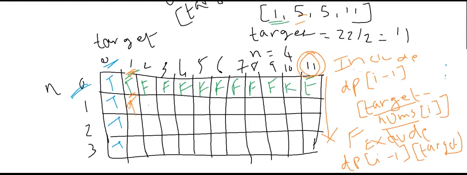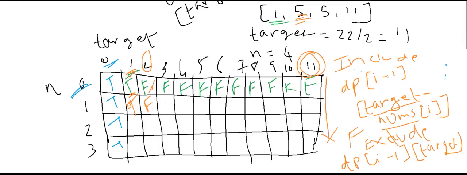Our target is 2. If we include nums of 1, which is 5, then 2 minus 5 is negative, so include will be false. What will be the exclude? Exclude will be this value, I minus 1 and the target. So exclude is also false, so this is false.